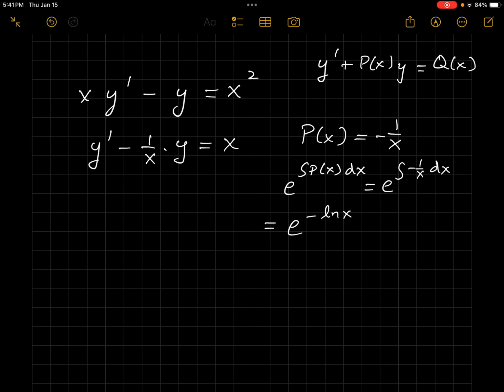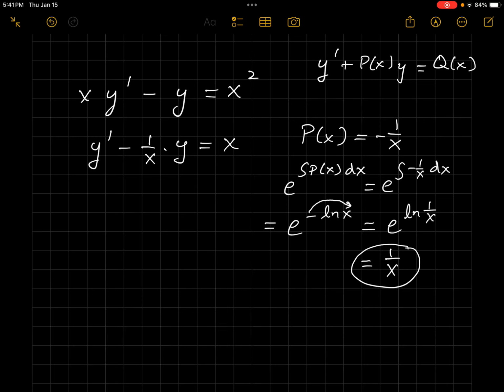Now I can't quite cancel the e and the natural log, because I have to have e to the natural log of something, but that's the natural log of x to the negative 1. So I just moved this up here to make it to the negative 1 power, and then rewrote it as 1 over x. And e to the natural log of 1 over x is 1 over x. So this is my integrating factor.